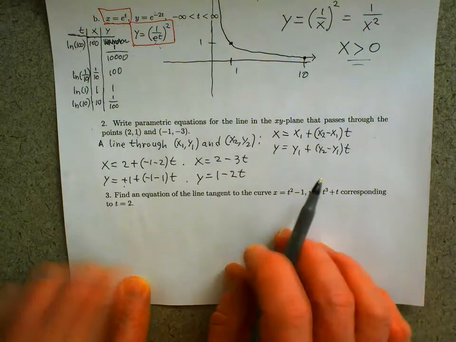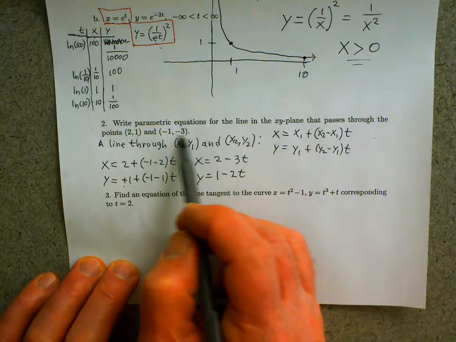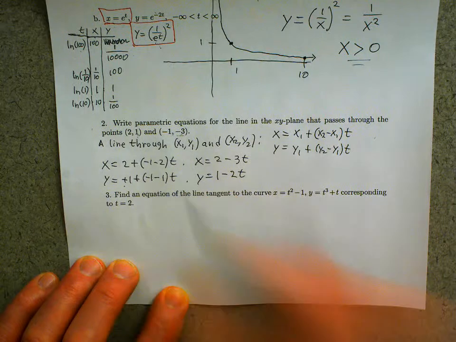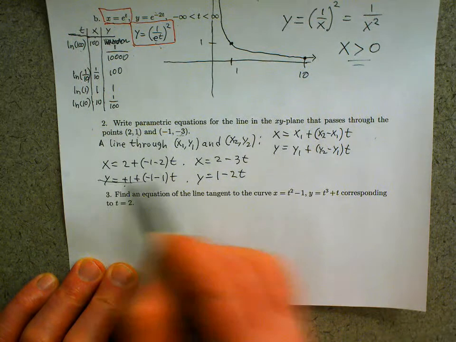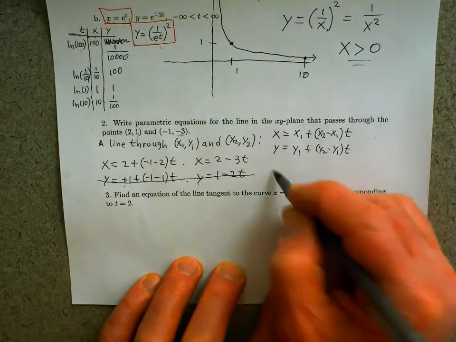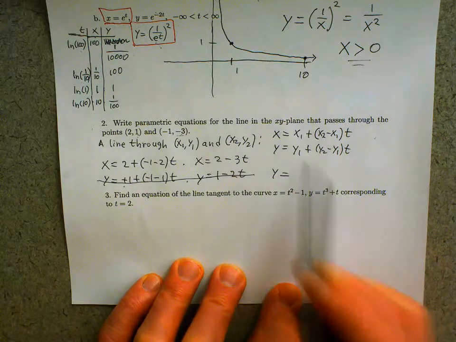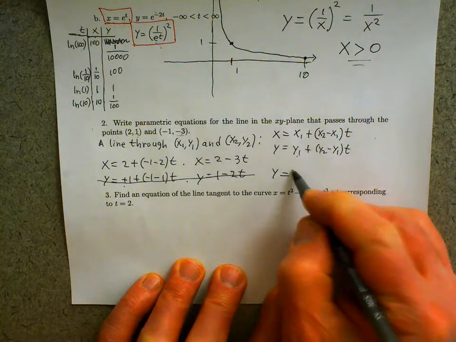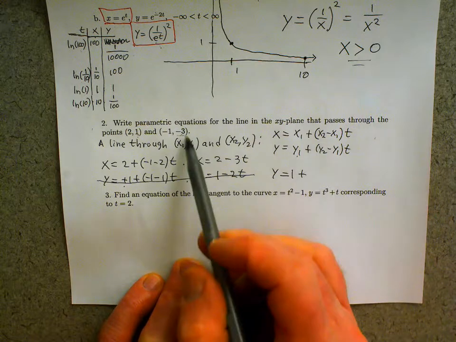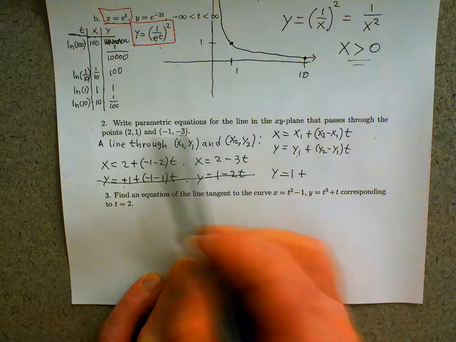Oh yeah, so let's start over on y. Use the formula: y1 is 1, and then plus -3 minus 1 times t.